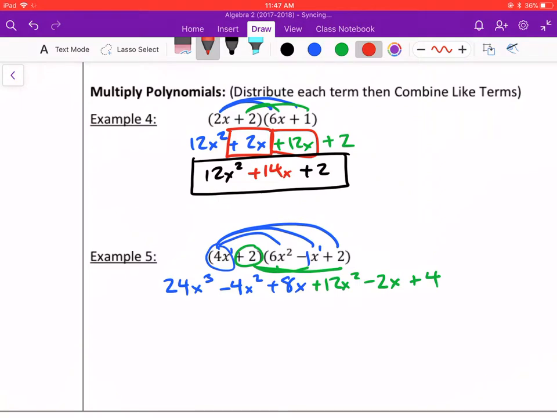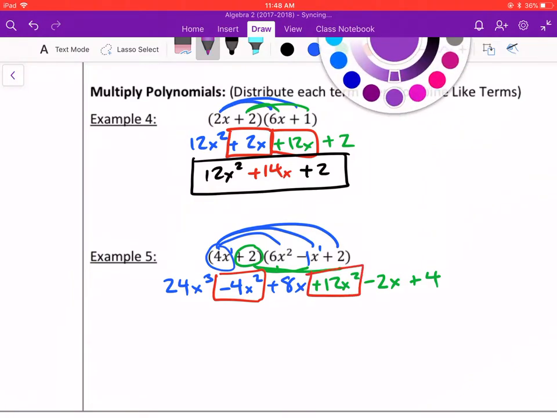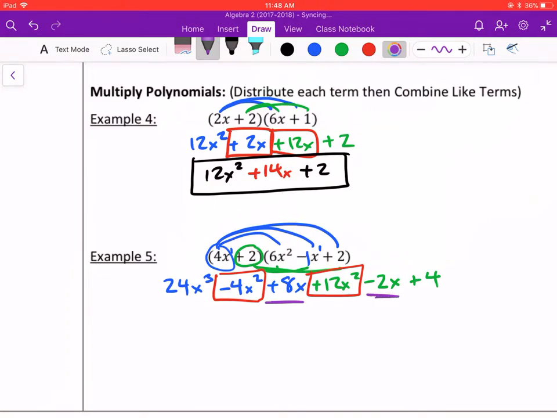So x to the third, notice how there's no other x to the thirds, so we'll leave that alone. But you can combine negative 4x squared and 12x squared, right? They both have x squared. And you can also combine, looks like 8x and negative 2x as well, right? So let's rewrite this, 24x cubed, and combine negative 4, right? I'm combining the red number boxes.